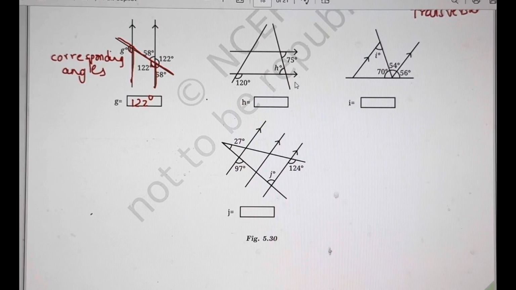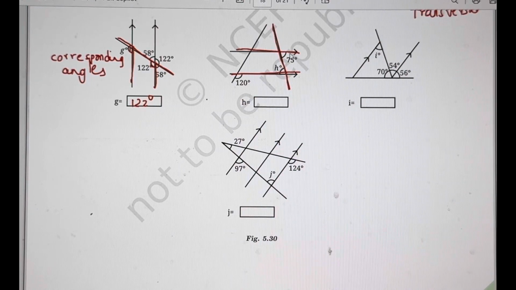Now here H is asked and said this is 75, this is 120. So these two are not alternate angles, these two lines are parallel. And this is a transversal. First identify the parallel line and its transversal. Otherwise you will get confused with 120 degree. So these two lines are parallel, you can see the notation.